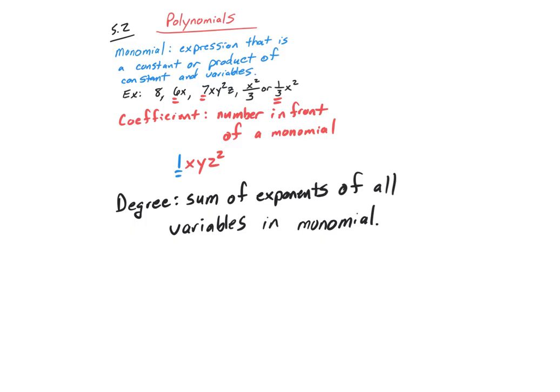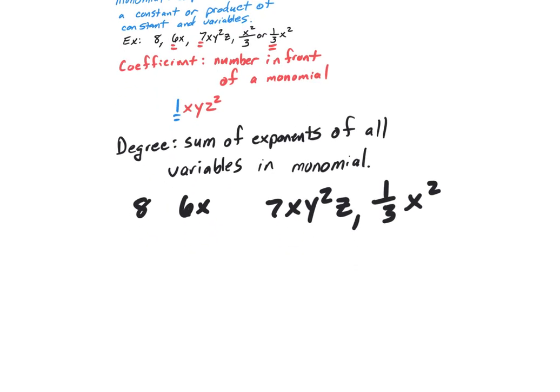Okay, so I'm going to rewrite all of those terms that I wrote up above. 8, 6x, 7x, y squared, x, y squared z, and 1/3 x squared. Okay, and we're going to talk about the degree of each one of those. Okay, so it's the sum of the exponents of all the variables in the monomial.